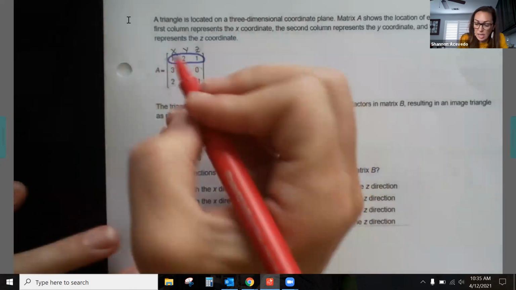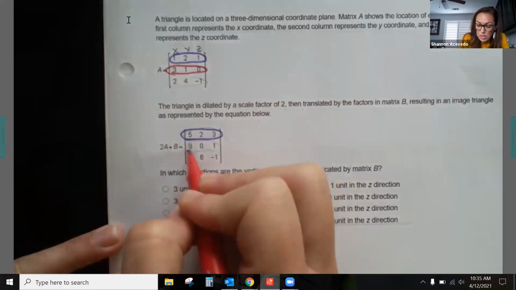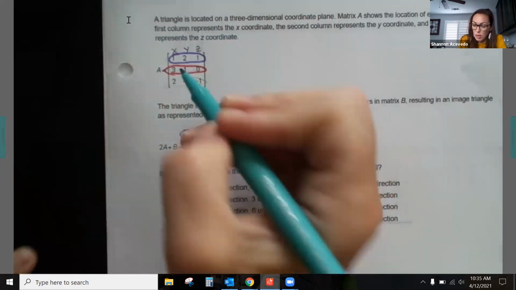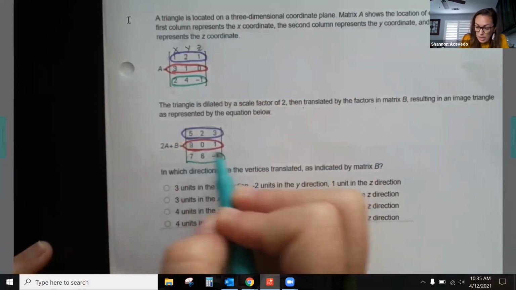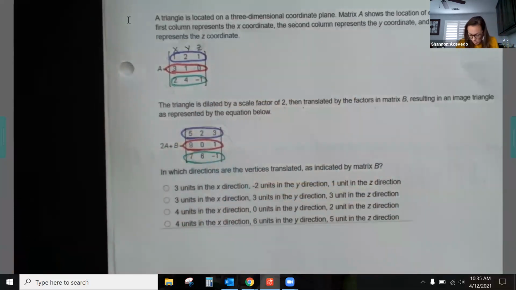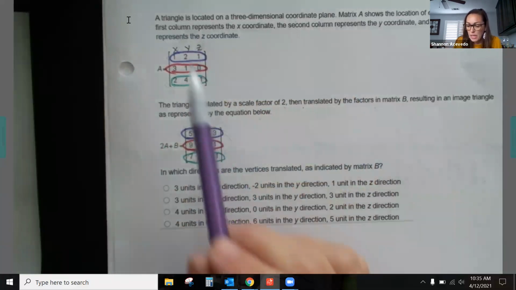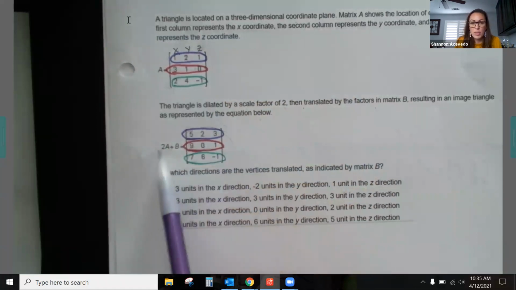Same for the second point and the third point. So what is going on here? How do I go from here to here with this information?